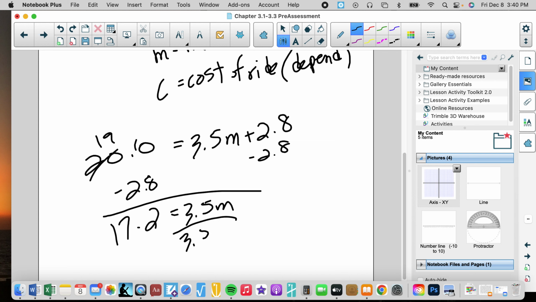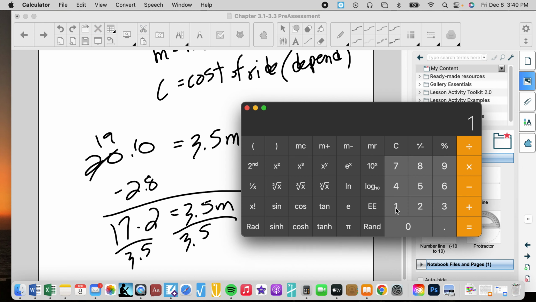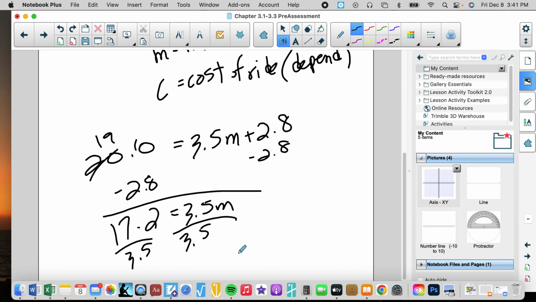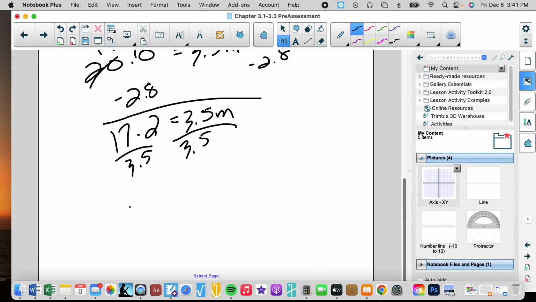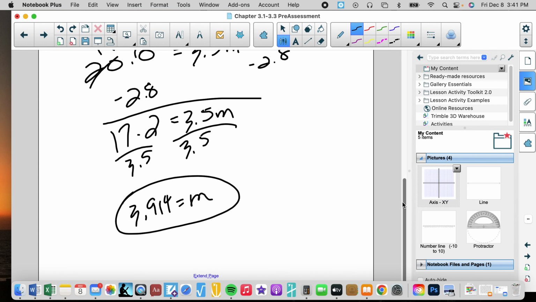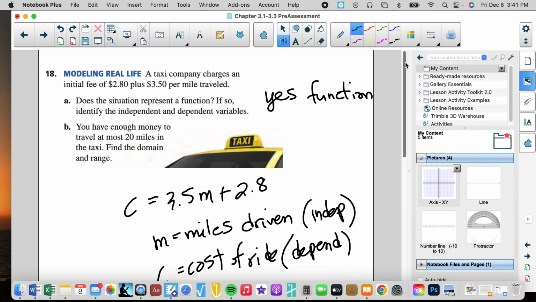Divide by 3.5, divide by 3.5, and 17 divided by 3.5 gives me 4.914. 4.914 miles. Okay. Didn't say whether I had to drive complete miles.